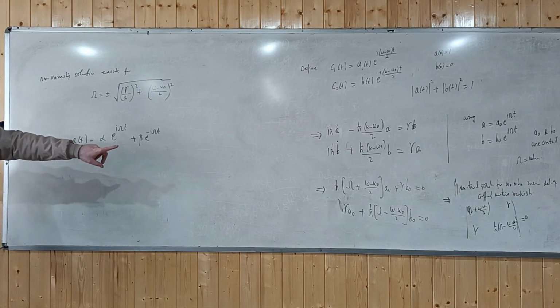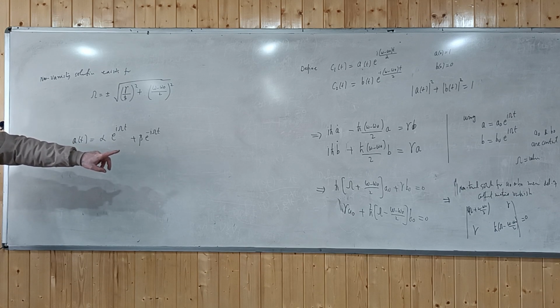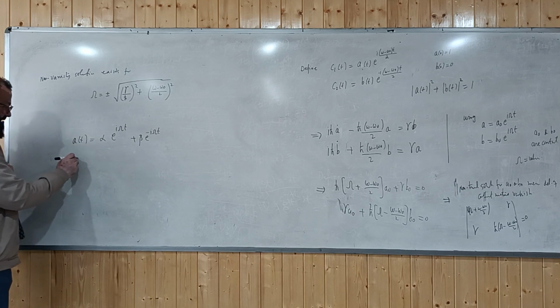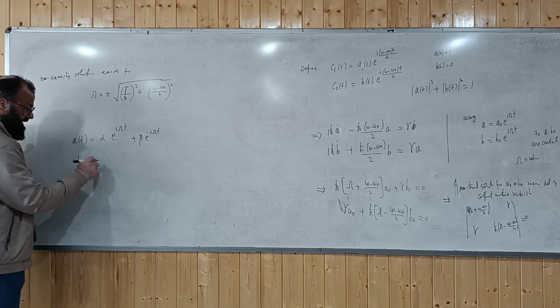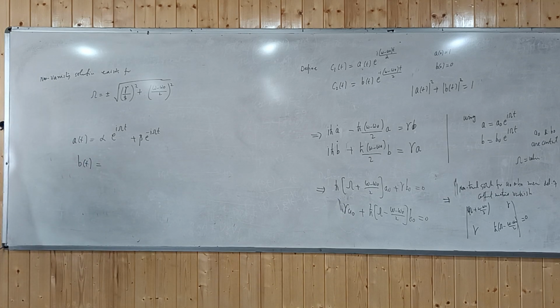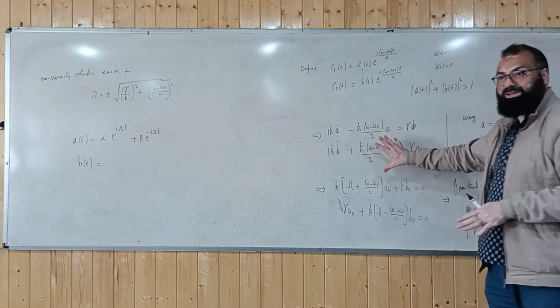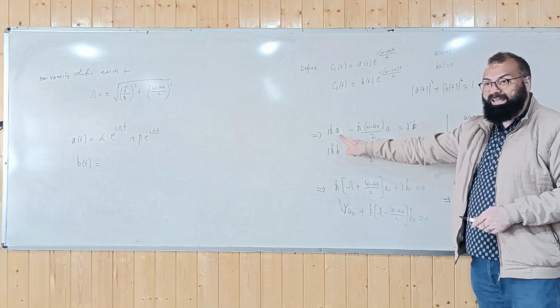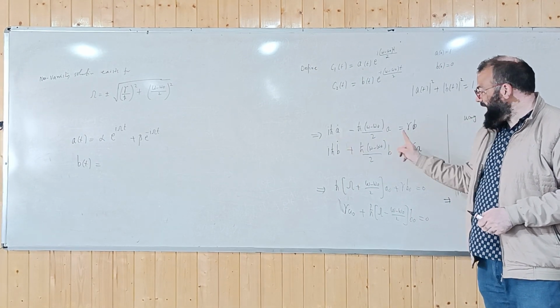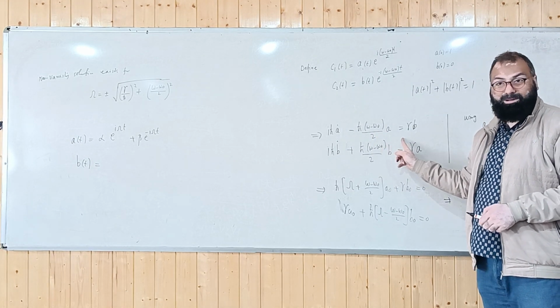But they are coupled, is it? Is that true? So if I write now B of t, tell me, what should be the form of B of t? B of t should be consistent with these two equations. Because if I know A, let's substitute A here. I have to obtain B from this equation.